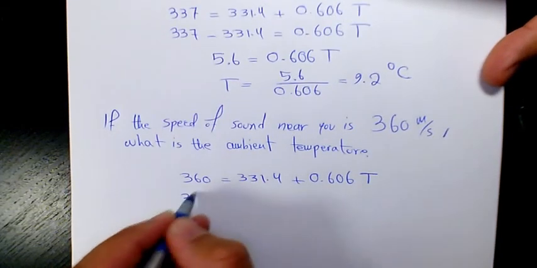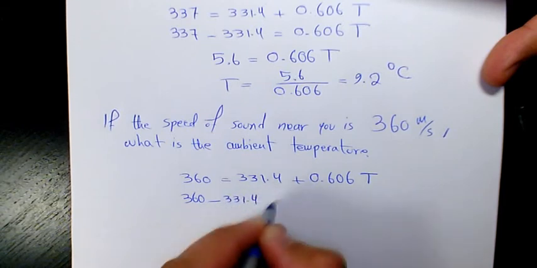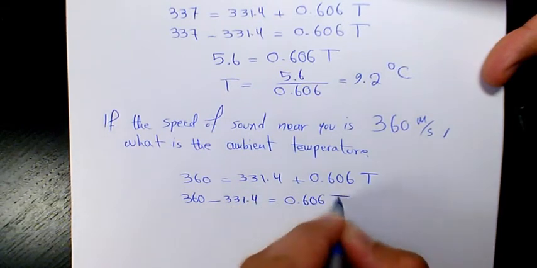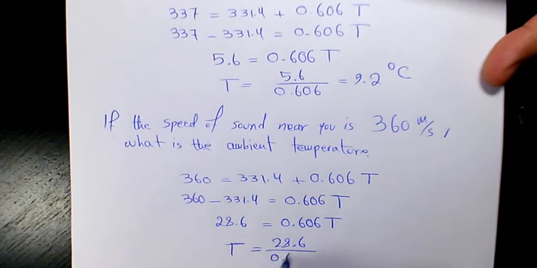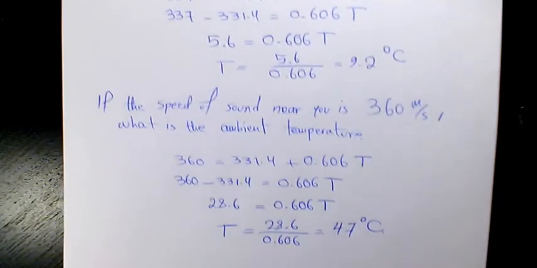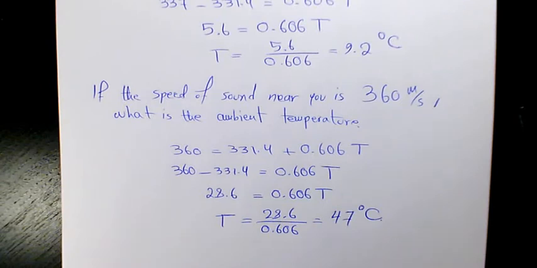We move it to the other side. 360 minus 331.4 equals 0.606 times t. It's going to be 28.6 equals 0.606 t. So t is going to be 28.6 divided by 0.606. It's going to be 47 degrees. This is going to be the ambient temperature, 47 degrees Celsius. Next example.